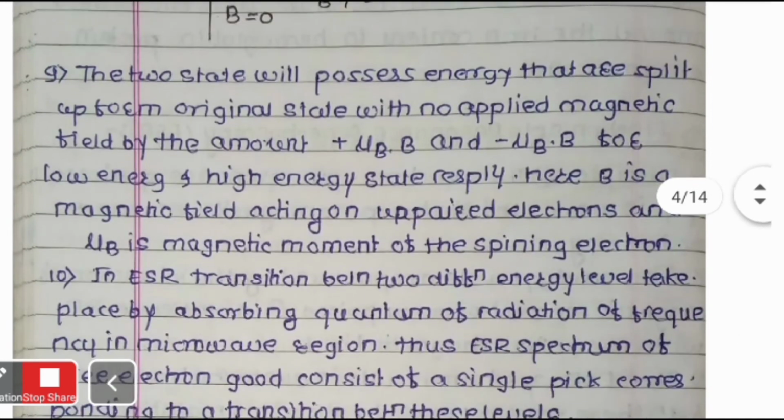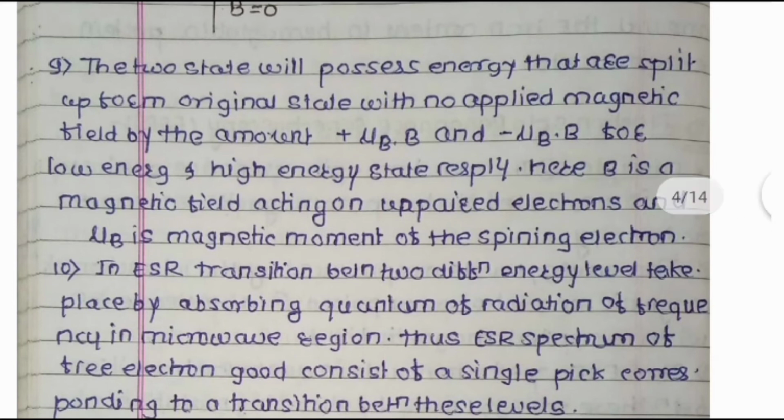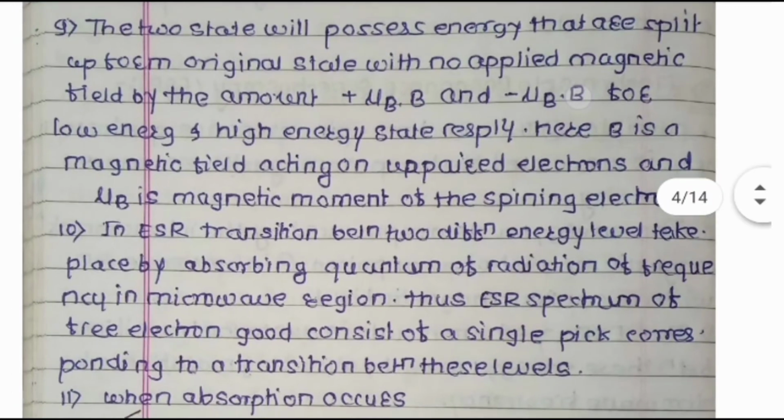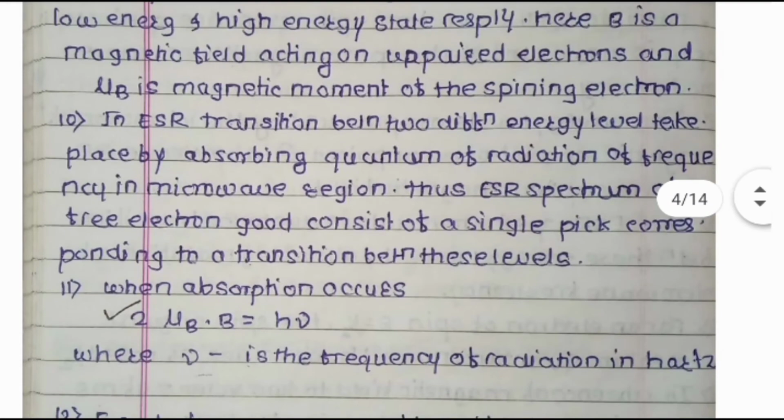The two states possess energies that are split from the original state, with no applied magnetic field, by the amount mu B into B and minus mu B into B, for the low energy and high energy states. Here B is the magnetic field acting on an unpaired electron, and mu B is the magnetic moment of a spinning electron.